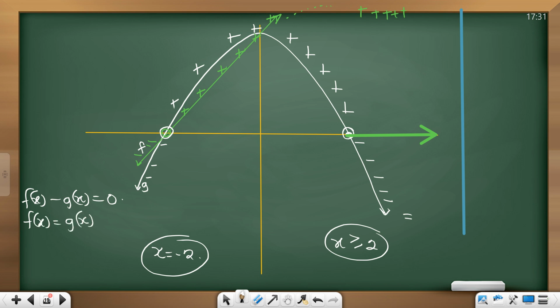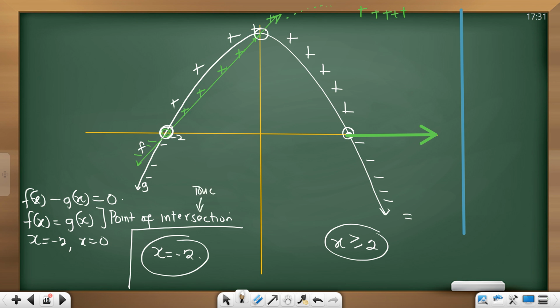When you see that they are equal, these are points of intersection. So where are the graphs intersecting? Where they touch each other. They touch each other at -2 and at 0. Those are the points of intersection where they touch each other.